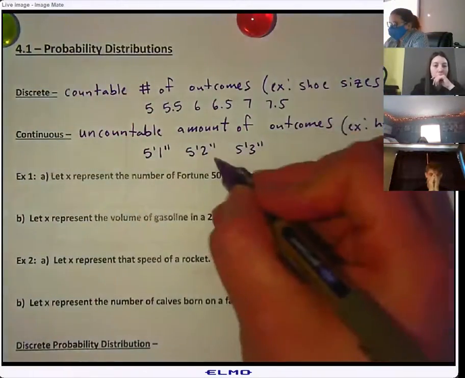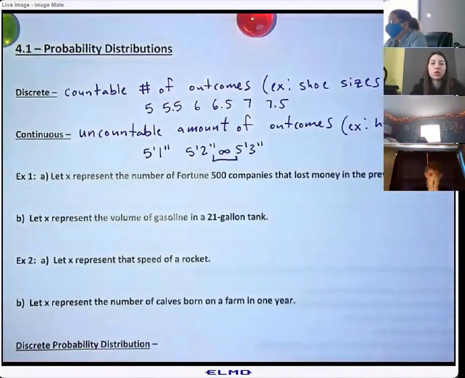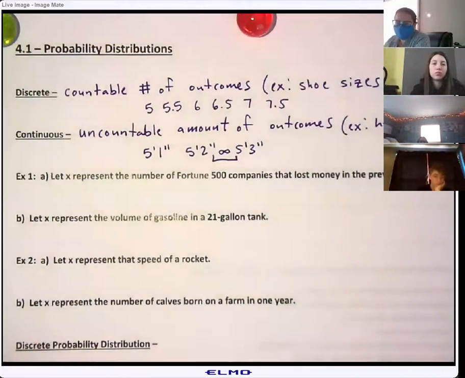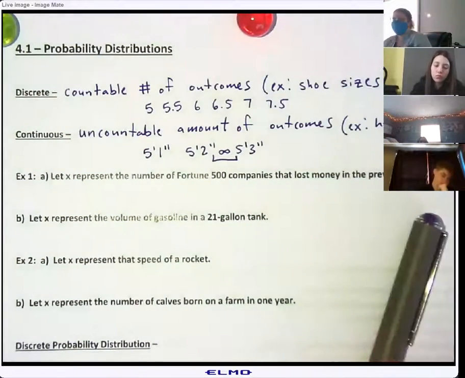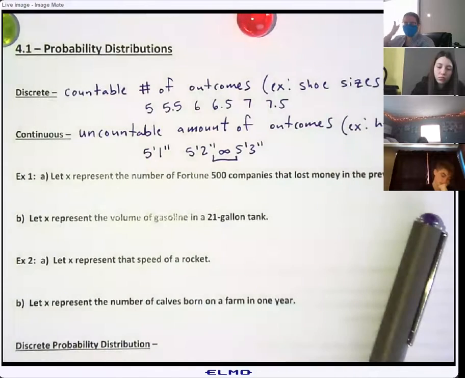No, there's actually an infinite number of heights just between 5'2" and 5'3". Do you see what I mean? Because you could be any fraction of an inch or any decimal place between those two heights. But our shoe size is not 6.13, right? You're either a 6 or a 6.5. So do you see the difference between discrete options and continuous options?